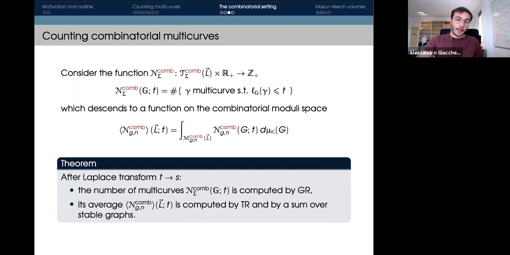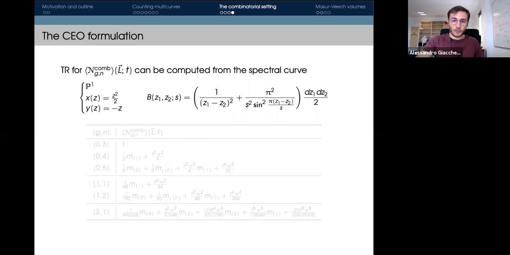Again, we can express the topological recursion here in terms of the Chekhov-Eynard-Orantin formalism, and you basically get the same spectral curve except for the function y. You can see here that instead of having the sine function, we get just z, which is exactly the one appearing in the Airy curve that I think Alba mentioned yesterday.